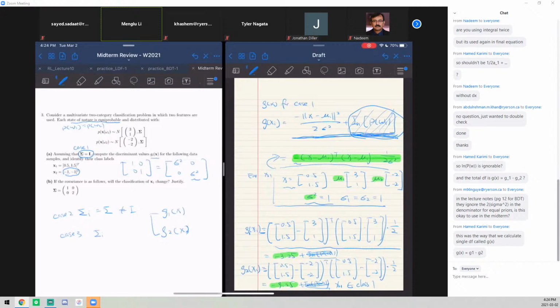Is this the way we calculate a single discriminant function called y? Yes, we can just create a discriminant function g(x) equal to g1 minus g2. We can do that, but just for this question, they didn't do that. They just used two discriminant functions. So we just say each class has one discriminant function, based on this question.